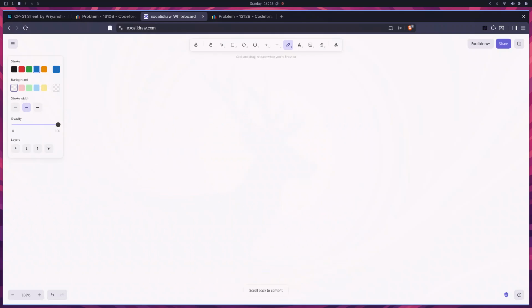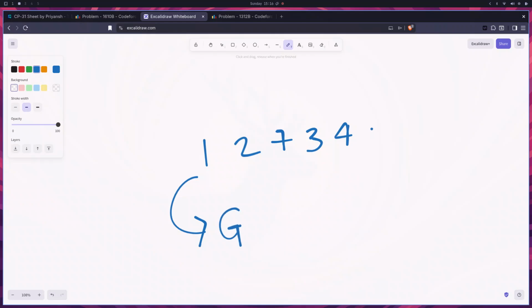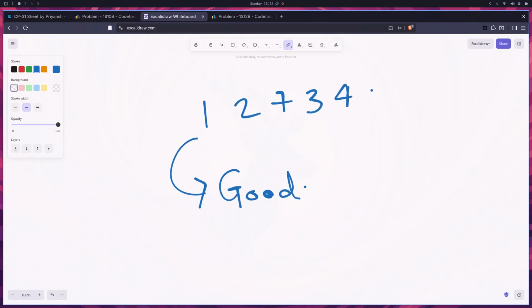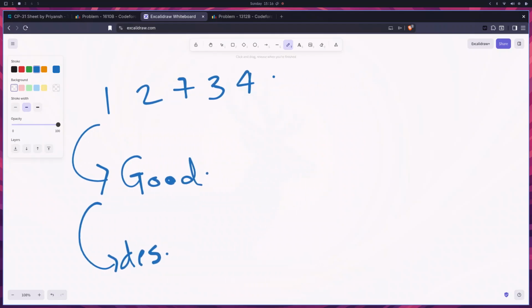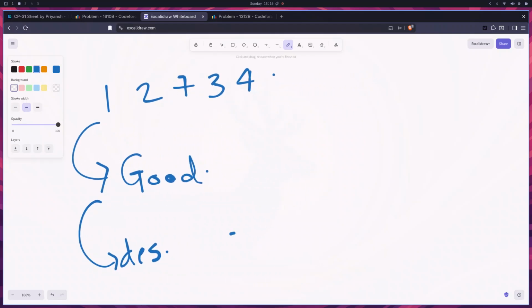So for example, let's say I take an array 1 2 7 3 4. This is an array which we need to convert to a good array. So my approach is that we'll sort it in descending order. On doing that, it will become 7 4 3 2 1.